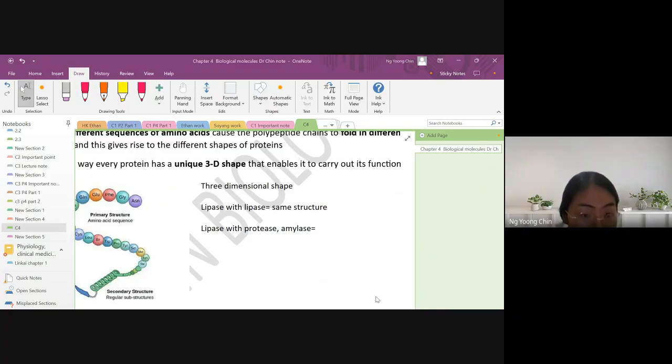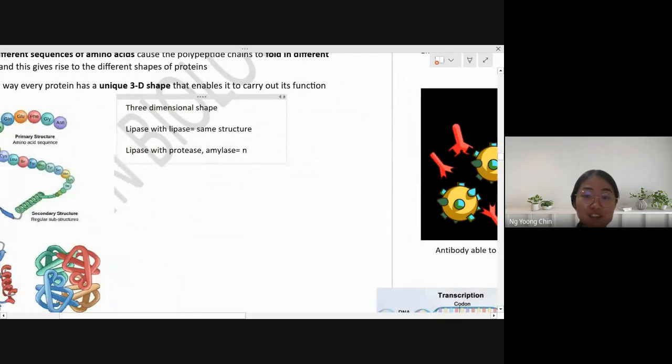Yes. No, the answer is no. Lipase, protease, and amylase don't have the same shape. They are not the same structure. Do you know why? Because protease is only able to bind to protein, right?